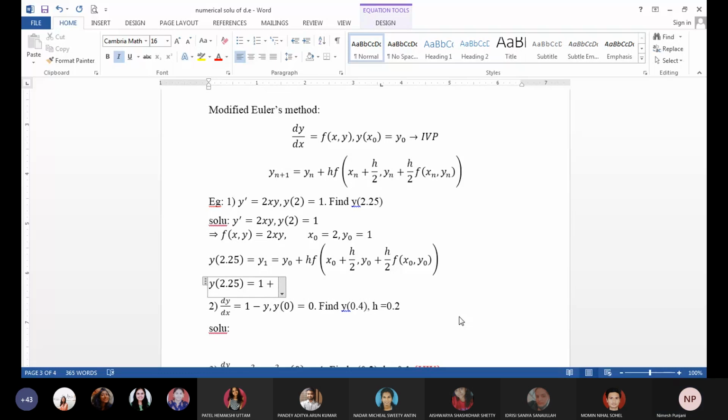Tell me. 0.25. Yes, h is 0.25. That is 2.25 minus 2. So if you want, here only I will write h का value. h is 2.25 minus 2. It turns out to 0.25. Okay, I hope this is clear.